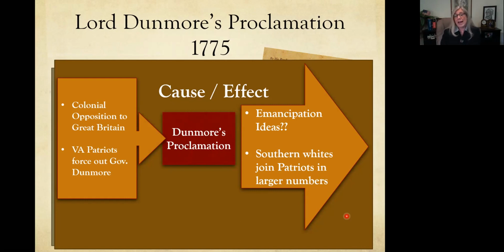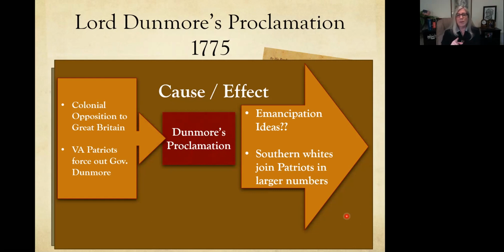Here's the other impact that it has. If we went back and we looked at the areas that were loyal to the king, it was a lot of those port cities, and some of the major ports were in the South. Many of those Southern whites who had been loyal were also large owners of plantations that relied on enslaved labor.